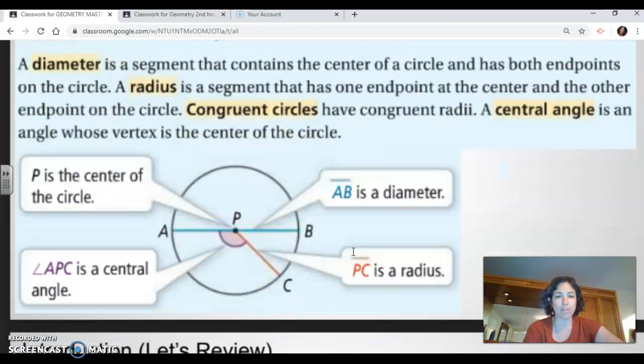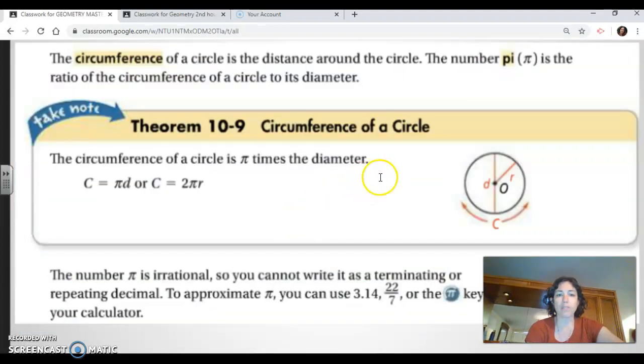Some other things: congruent circles have to have the same radius. So as long as the radii are congruent, the circles are the same size. Some of the formulas that you should already know about circles are for the circumference and area.